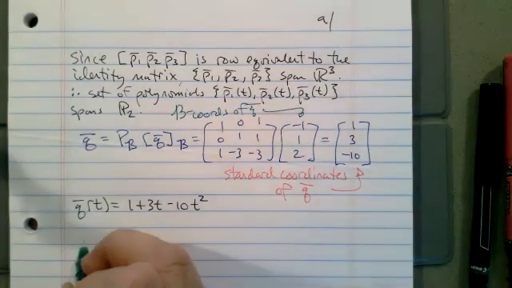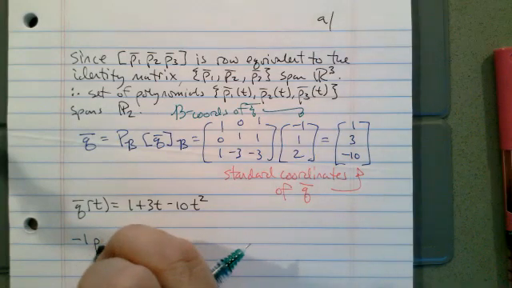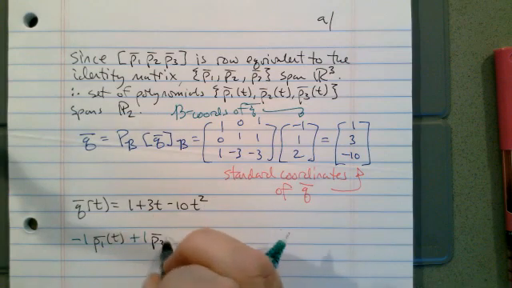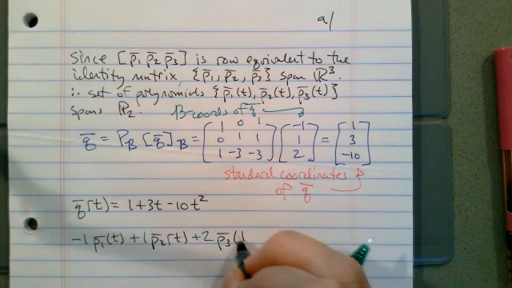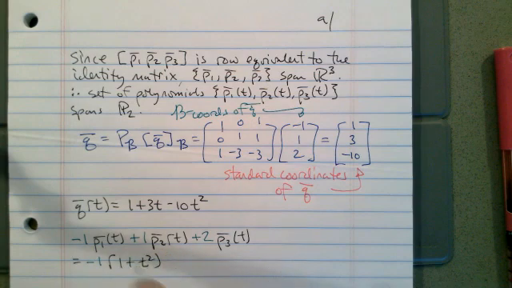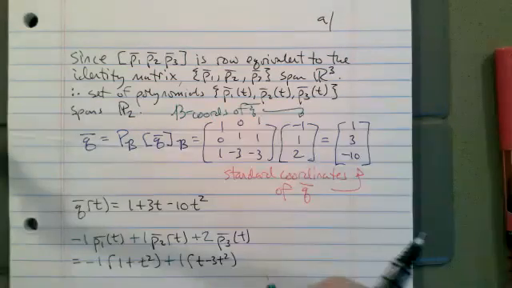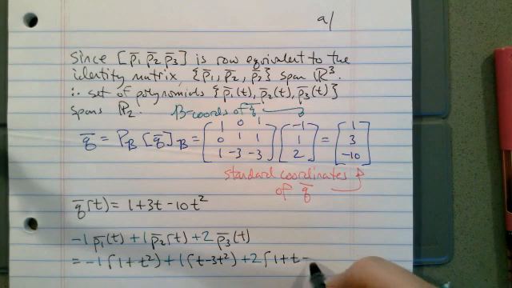So if I take negative 1 times P1 of t, plus 1 times P2 of t, plus 2 times P3 of t, that is negative 1 times this polynomial, 1 plus t squared, plus 1 times P2 of t, which is t minus 3t squared, plus 2 times P3 of t, which is 1 plus t minus 3t squared.